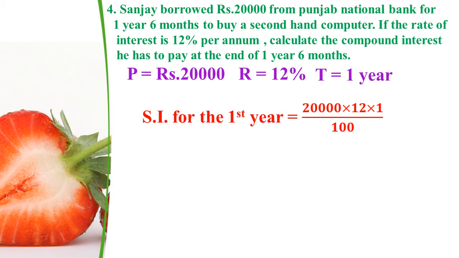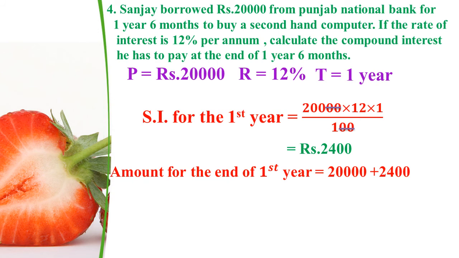Here P is 20,000, R is 12, T is 1. So 20,000 into 12 into 1 by 100. Here 2 zeros and 2 zeros gets cancelled out. So simple interest for the first year is rupees 2,400.